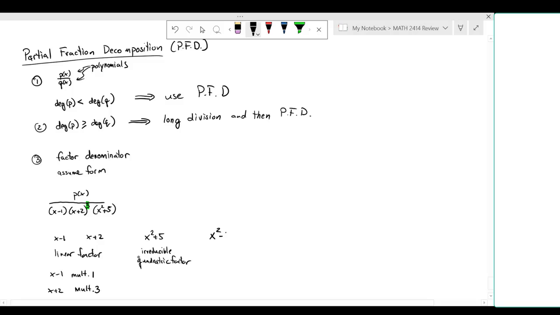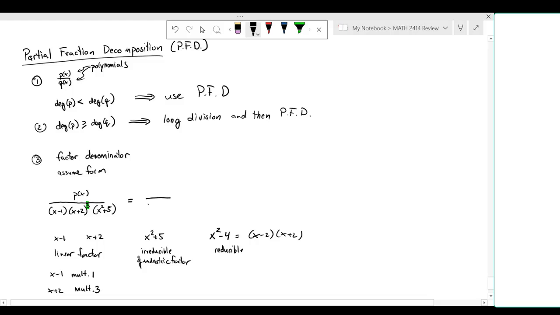What about x squared minus 4: is it a quadratic factor that's reducible or irreducible? It's reducible. In other words, instead of thinking of it as a quadratic, we just think of it as factored into two linear factors.